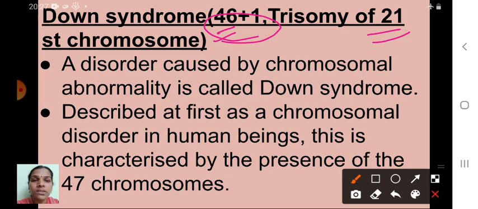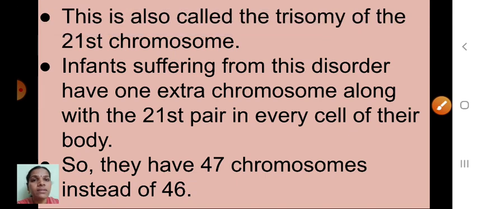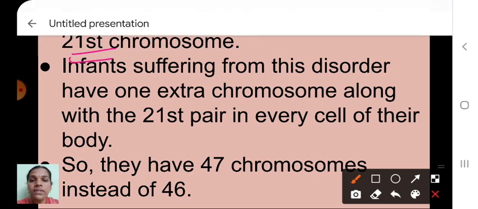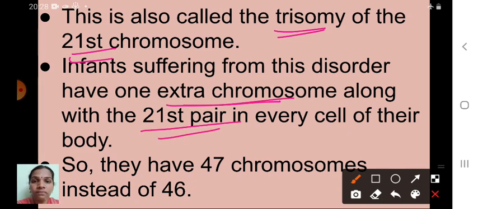Children, shall we go to the next one now? This is also called the trisomy of the 21st chromosome. That means instead of 2 chromosomes, how many chromosomes are there? 3. Infants suffering from this disorder have 1 extra chromosome along with the 21st pair in every cell of their body. Every cell contains 23 pairs of chromosomes.